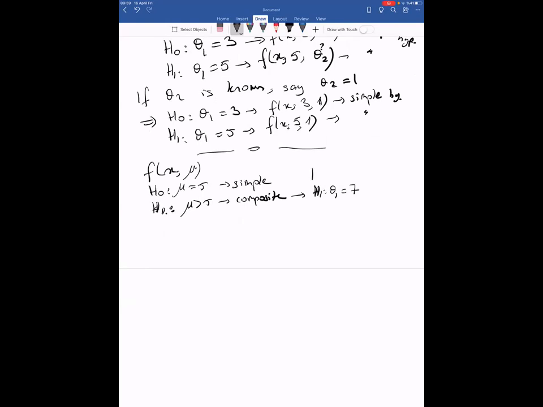Or we can say, here also, that our null hypothesis is mu greater than or equal to 5 versus mu less than 5.